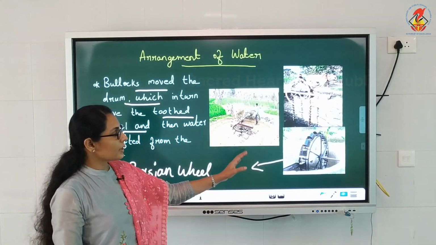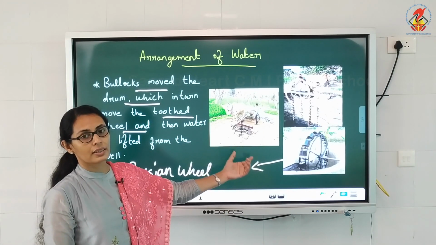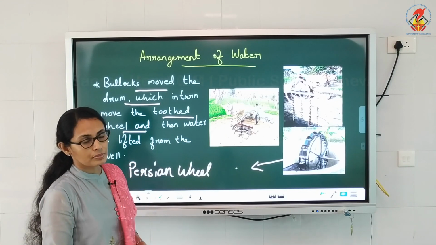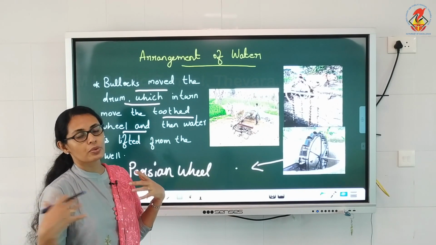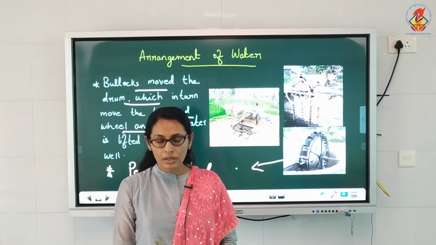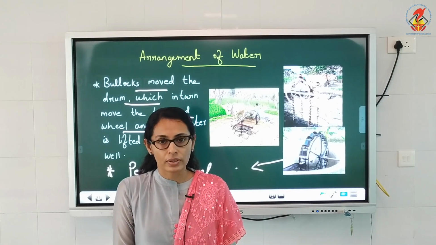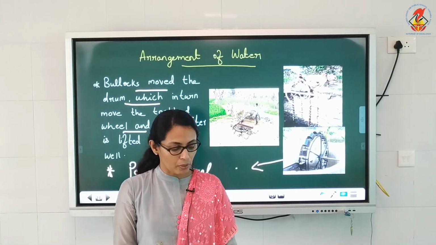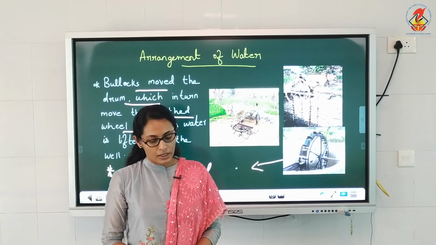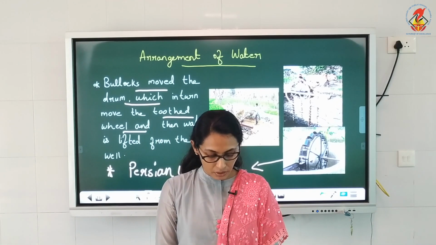Through this technique they took water from the well, and through pipes the water was carried to different parts of the fort and also to the palace. This was the main important water arrangement in this Golconda fort.